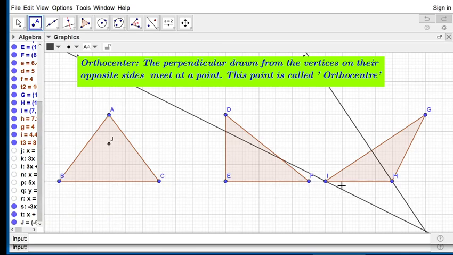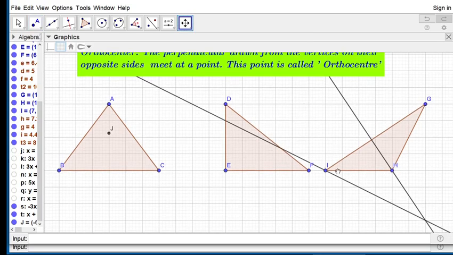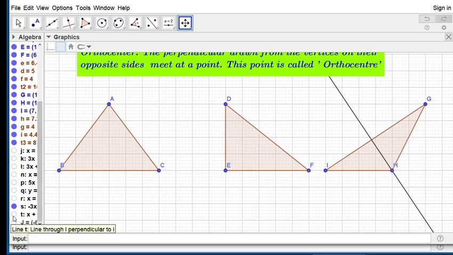Similarly, the perpendicular drawn from which vertex, you can see. Let me highlight this. This is the perpendicular drawn from S to GI, which is shown now.